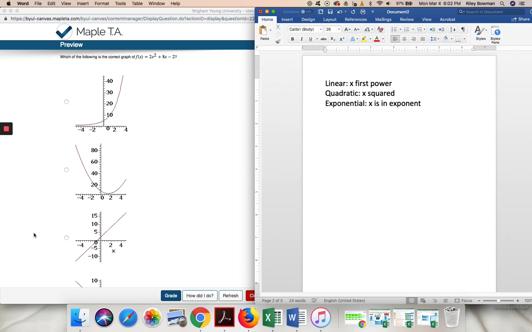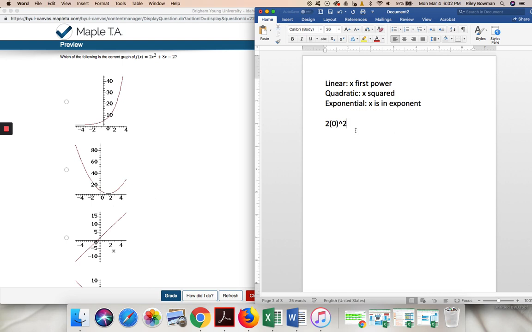Okay, so I'm going to take this formula or function and I'm going to put in 0 for every single x because then that tells me where it'll cross the y-axis, because if this is the x-axis and I want to find where x is 0, it'll tell me where it crosses this point here.